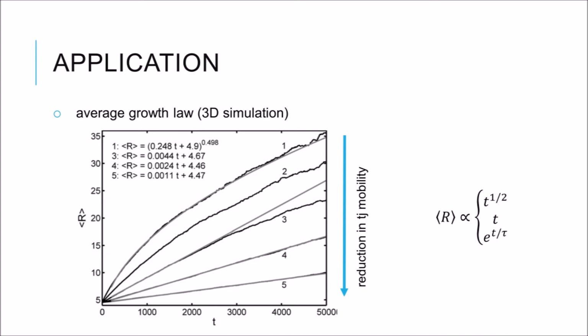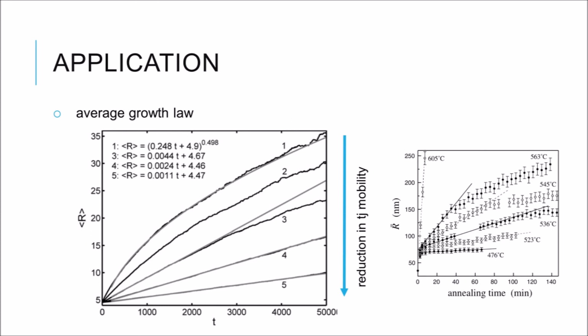And you can see that if we reduce the junction mobility, we come to a point where we observe for long annealing times a linear relation between average radius and annealing time, just as predicted for triple junction mobility analytically.